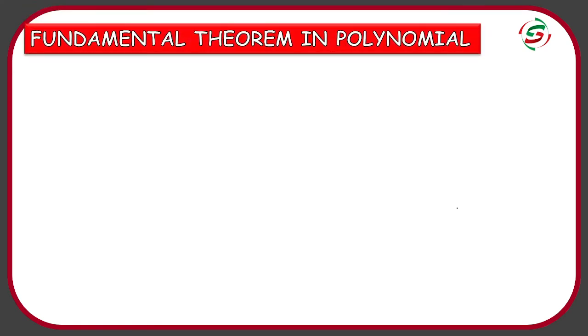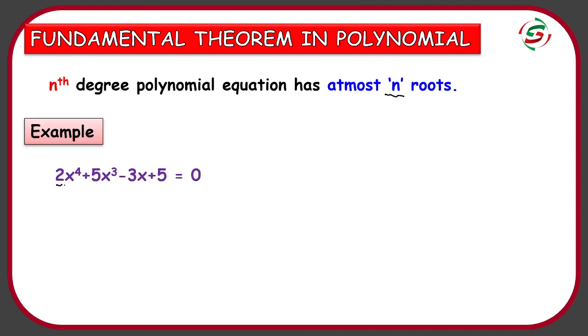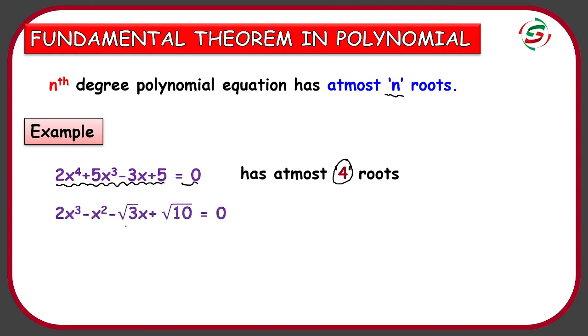Okay. So now according to the fundamental theorem of polynomials, the nth degree polynomial equation has n roots. Example, 2x raised to 4 plus 5x cube minus 3x plus 5 equal to 0 has maximum 4 roots. 2x cube minus x square minus root 3x plus root 10 equal to 0 has maximum 3 roots. Okay.